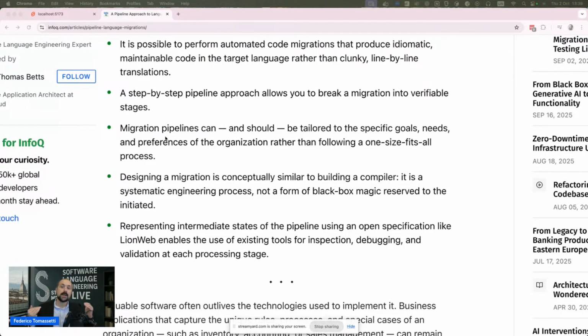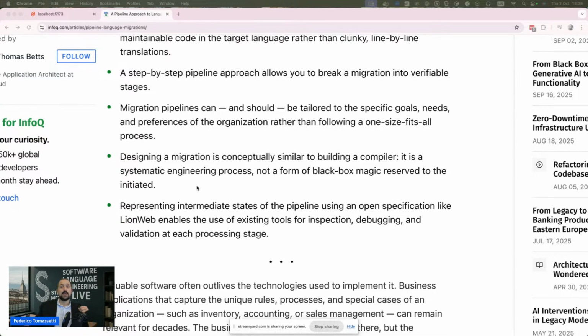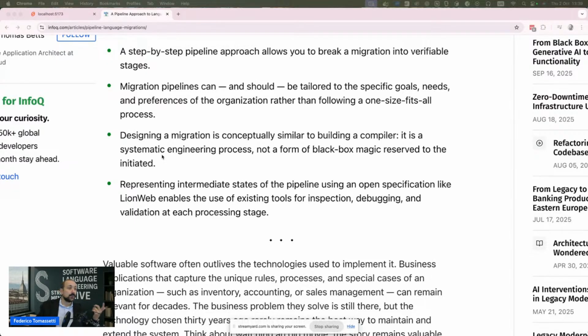So I want to stress the fact that there is flexibility and you can adapt to your specific needs. Another thing that I wanted to underline is that pipelines are similar in nature to a compiler, in the sense that there is a sequence of steps, a clear systematic engineering approach. So it's not a black art, it's not art at all, it's just engineering, some discipline. So boring stuff, but stuff that works.